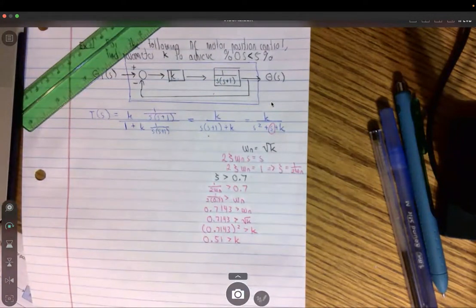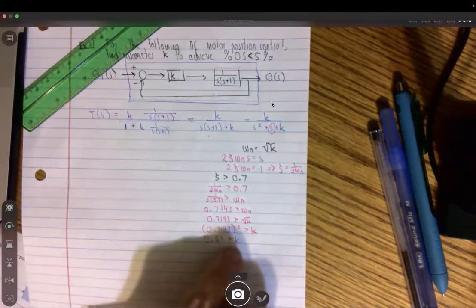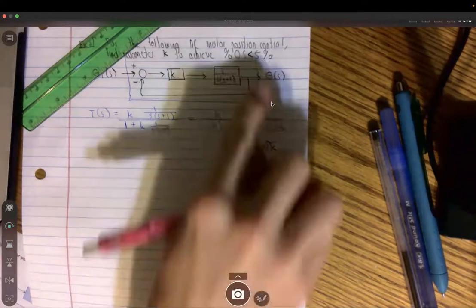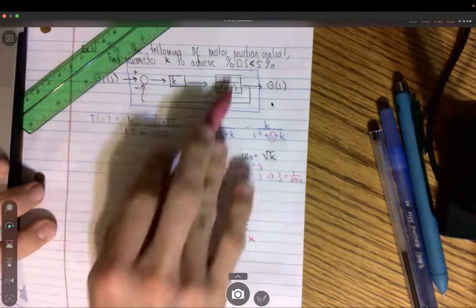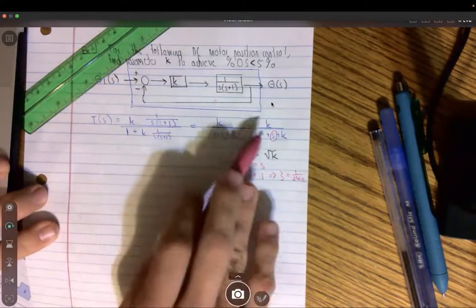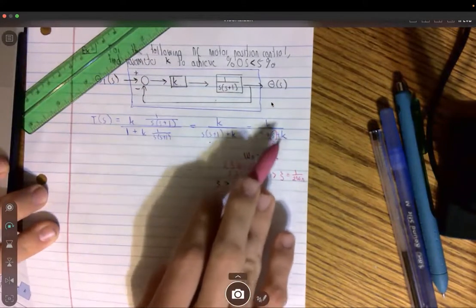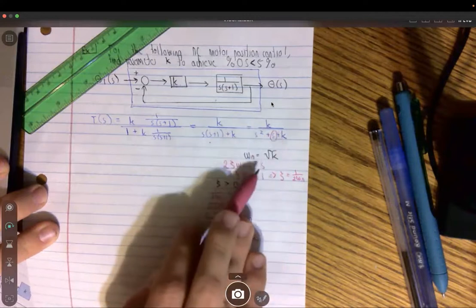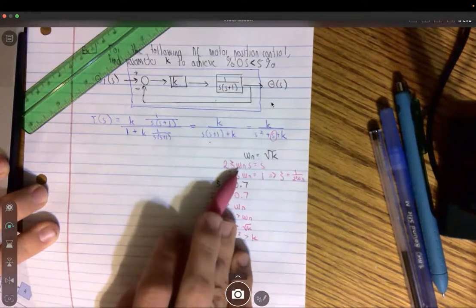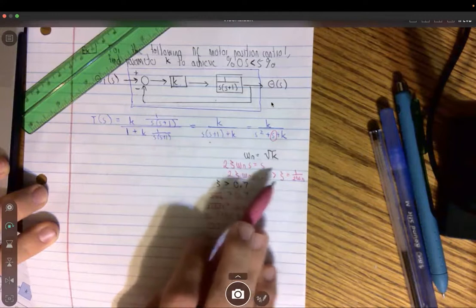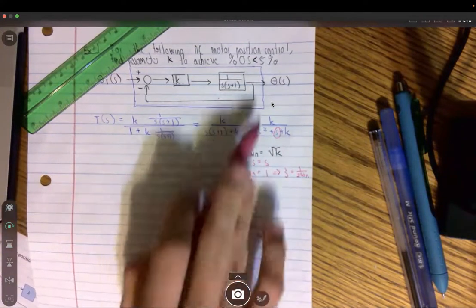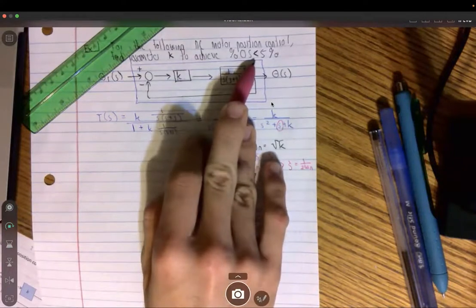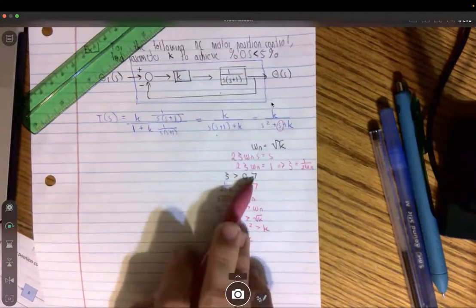And so what we did here is we were able to find K such that the percentage overshoot was less than 5%. Because we first found the transfer function of this block diagram system. From the transfer function, we determined our omega n, which is the square root of K, and we determined our value for zeta. When we were trying to solve for it, we found that zeta, in order to achieve a percentage overshoot less than 5%, had to be greater than 0.7.